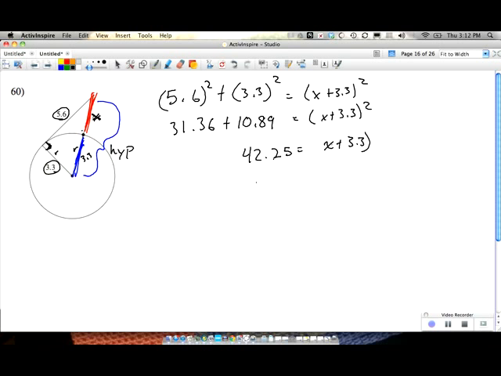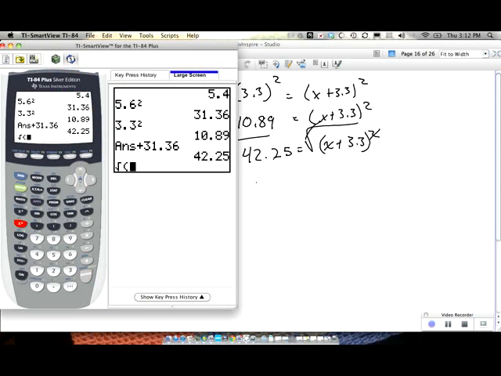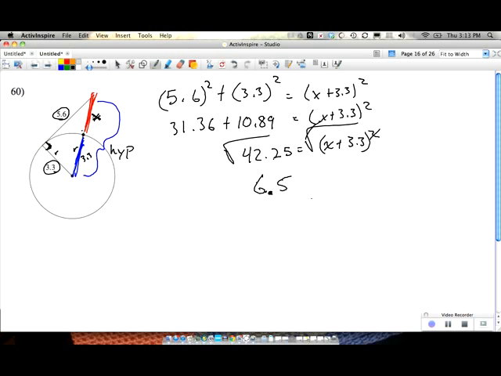The square root of 42.25 is 6.5. So 6.5 equals x plus 3.3. If I subtract 3.3 from both sides, that gives me 3.2 equals x. So that would have been my answer.